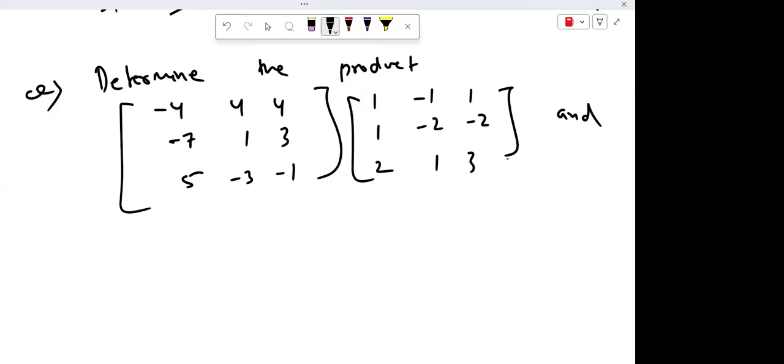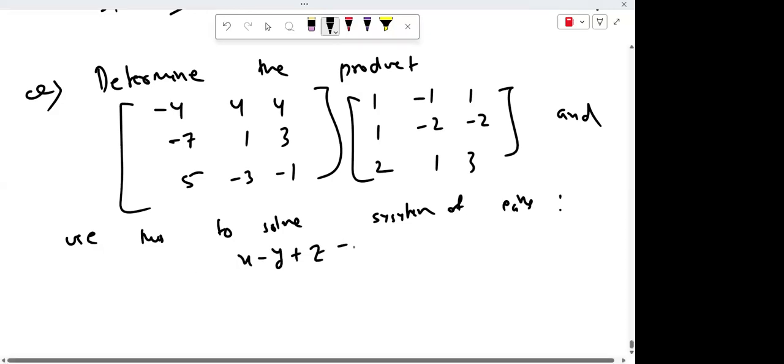And use this to solve the system of equations: x minus y plus z equals 4, x minus 2y minus 2z equals 9, and 2x plus y plus 3z equals 1.